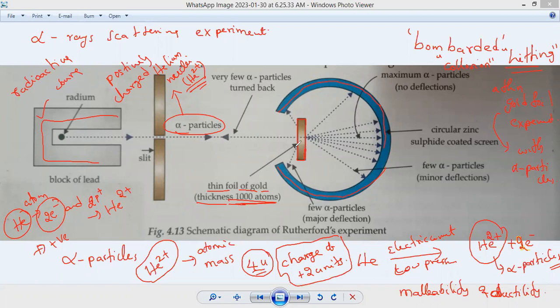That is the reason Mr. Rutherford took a gold foil of extremely minute thickness, almost 1,000 atoms thick. So this is the experimental setup taken by Mr. Rutherford to study the internal properties of the atom.